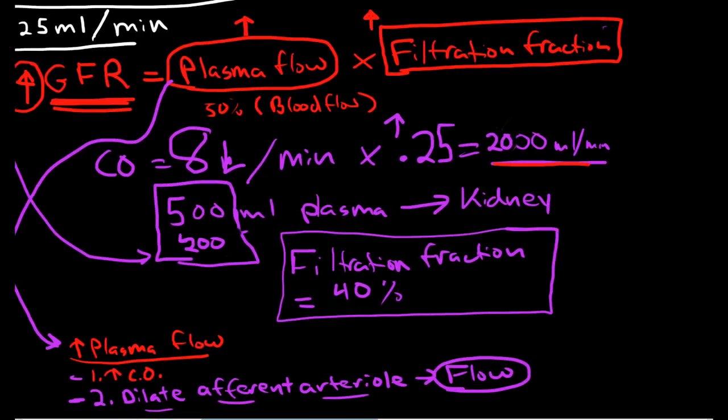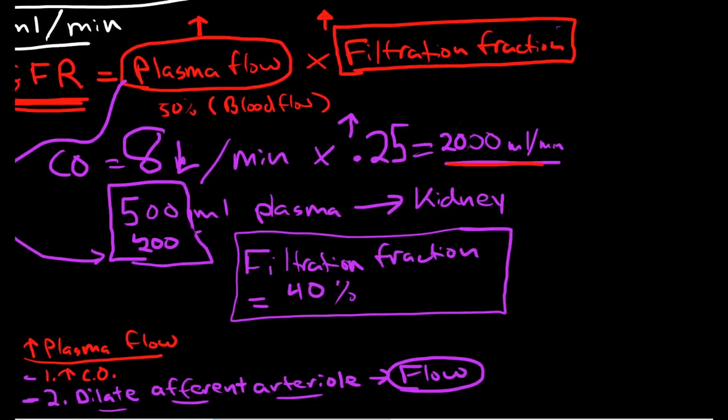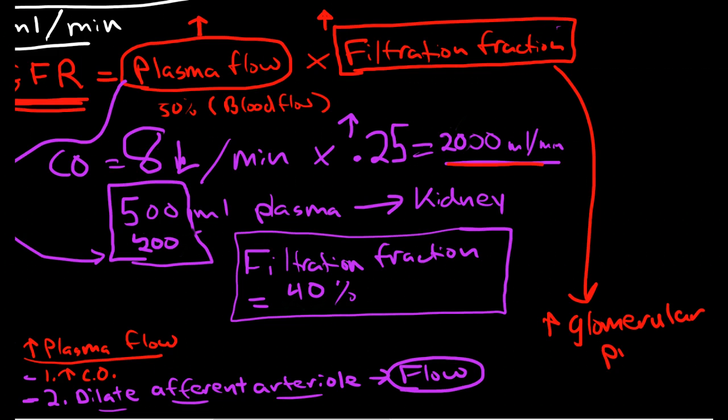Well, the easiest way to do that is to increase the glomerular pressure, so the pressure in the glomerulus, and the easiest way to do that is to vasoconstrict the efferent arteriole.